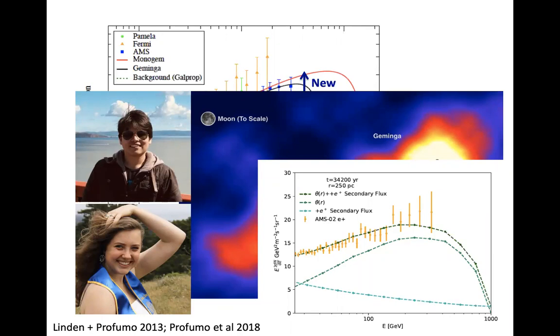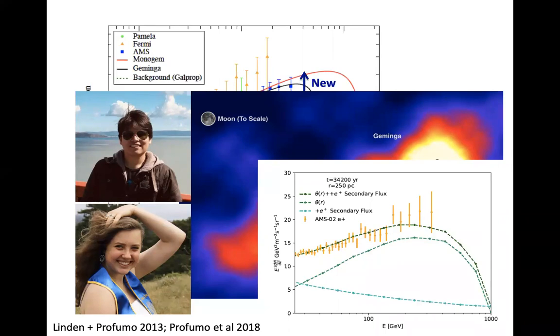Probably not. So what I've done with my junior collaborators, Javier Reynoso and Maya Silverman, was to ask the question, what if diffusion is indeed, as measured by HAWC, inefficient within pulsar wind nebulae, but it transitions to a reasonably large value right outside the nebulae, as we need to fit other cosmic ray data?